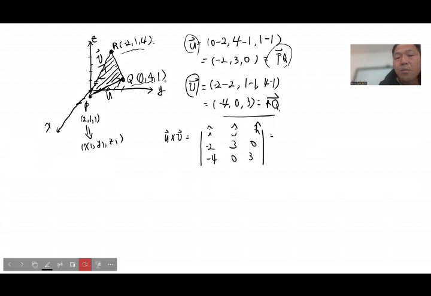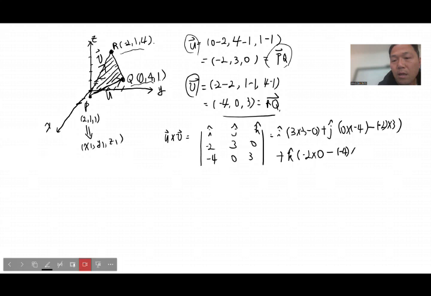So the x component of the vector from the cross product is 3 times 3 minus 0, plus j, 0 times minus 4 minus 2 times 3. And the z component is minus 2 times 0, minus minus 4 times 3, in k.